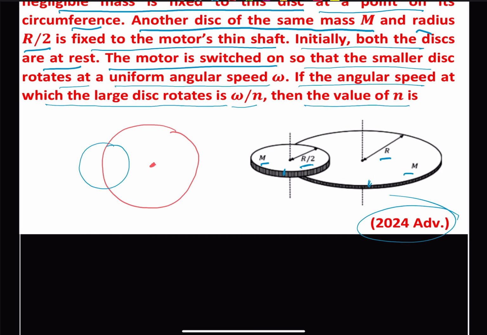Suppose the bigger disk moves in this direction, then the smaller disk is going to move in the opposite direction in order to conserve the momentum. Its mass is m, radius r by 2, and the other has mass m and radius r.